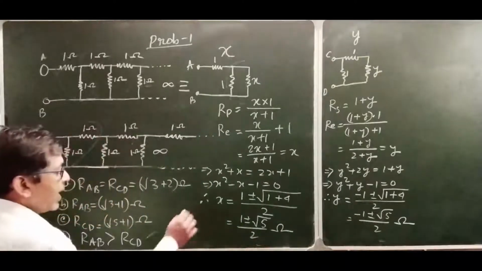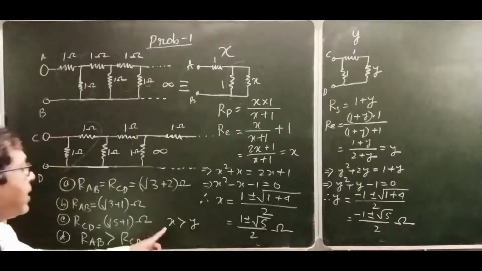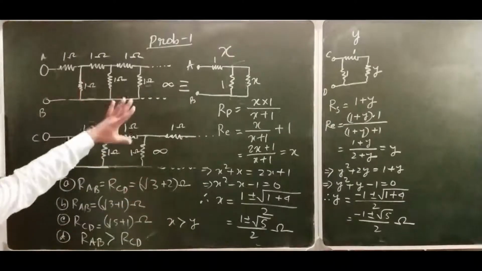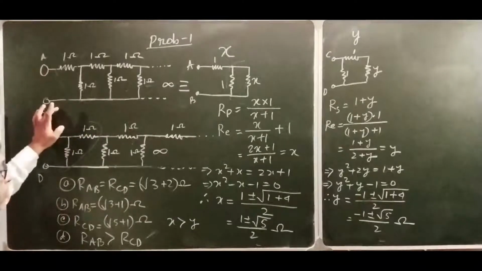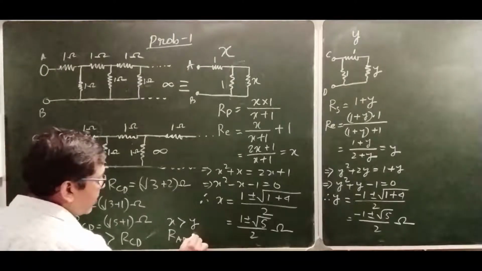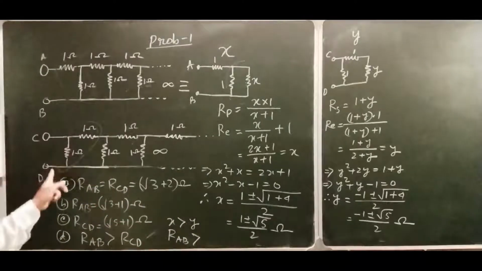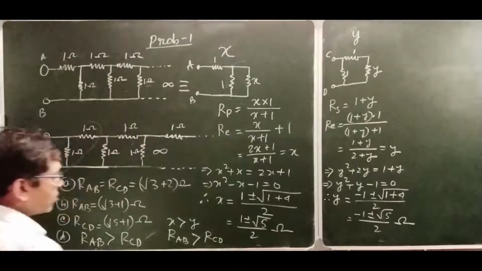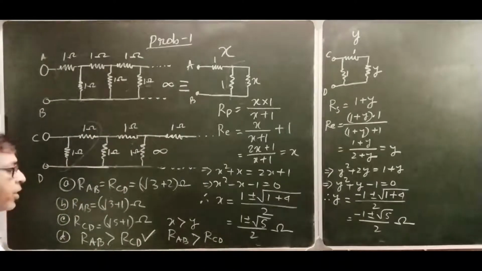That means X is greater than Y, and in this case X represents the equivalent resistance of the circuit between the terminals AB. That means resistance across AB is greater than this, which represents the resistance across CD, that means R CD. So option 4 is the correct option.